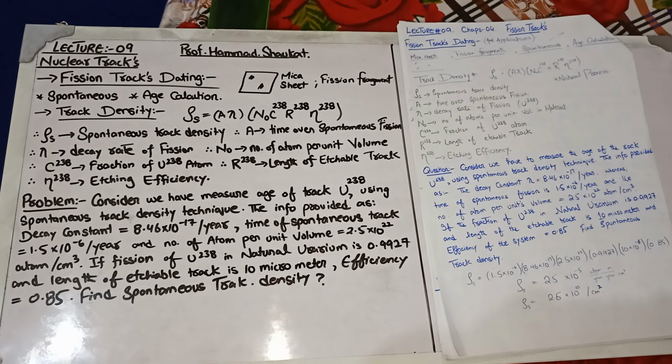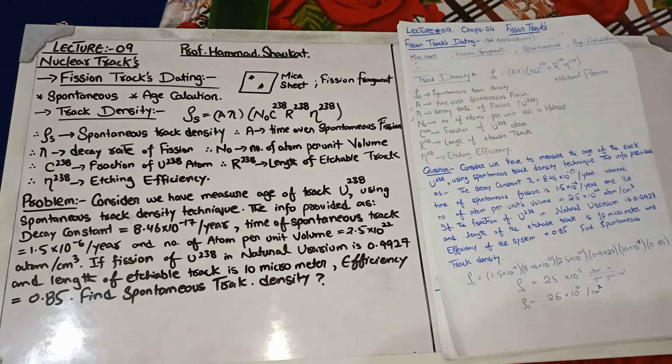And our final track density, as I told you, is rho d. What is rho d? This is basically to measure the neutron dose psi. So that's why we include with each group of samples to be neutron irradiated a piece of standard track detector.